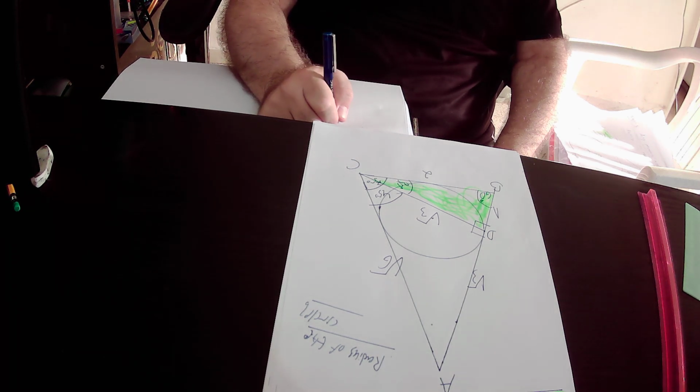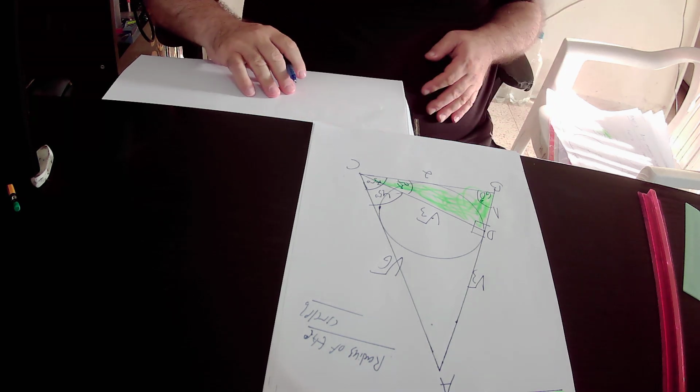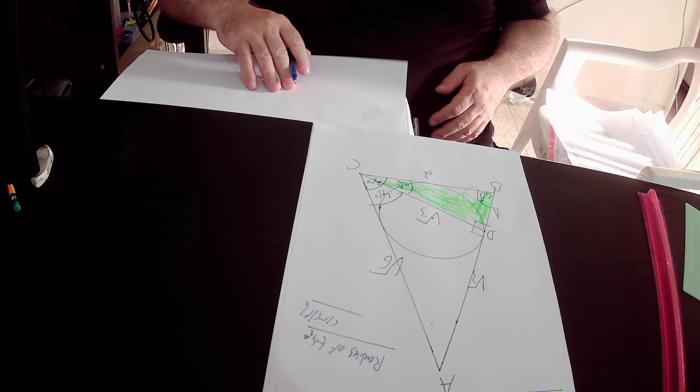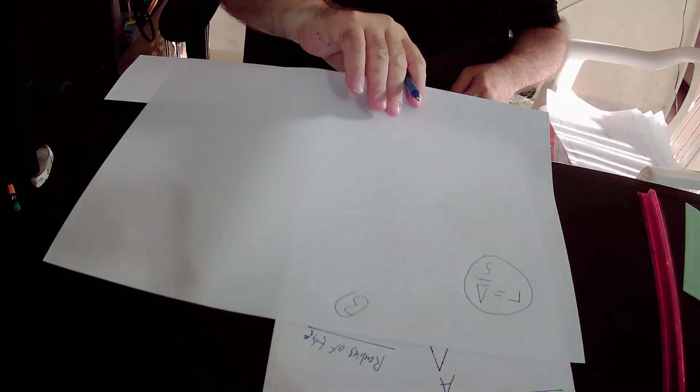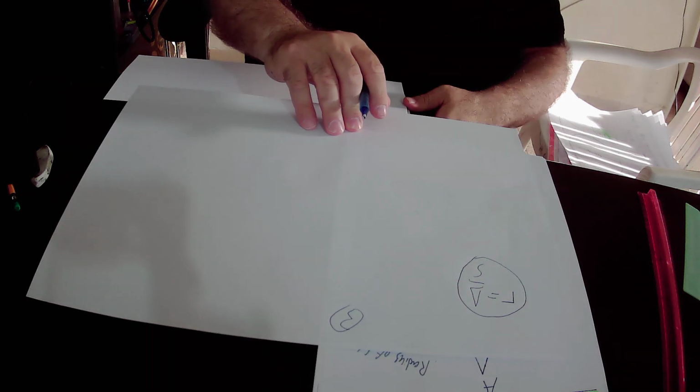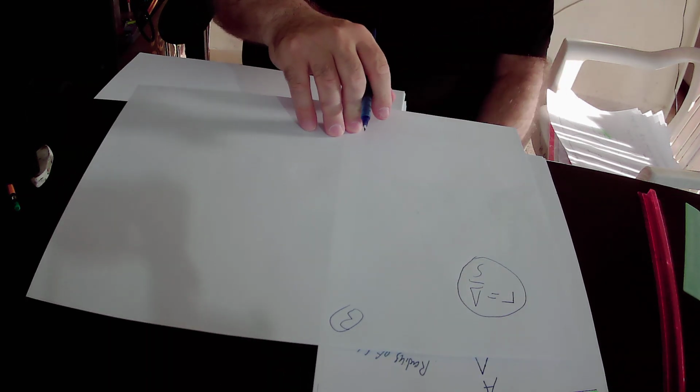And the semi-perimeter of any triangle is equal to the perimeter over 2.